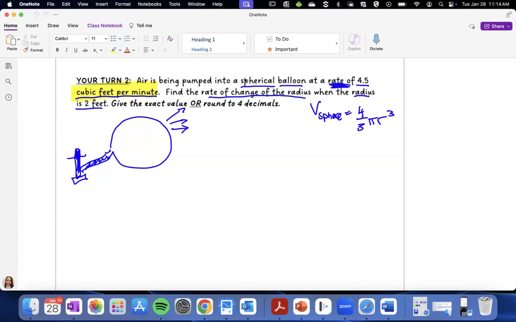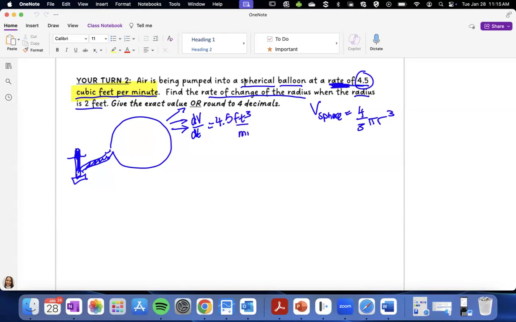What variable does cubic feet per minute go with? Feet cubed per minute goes with volume. And since it's a rate of change, dV over dt is 4.5 cubic feet per minute.